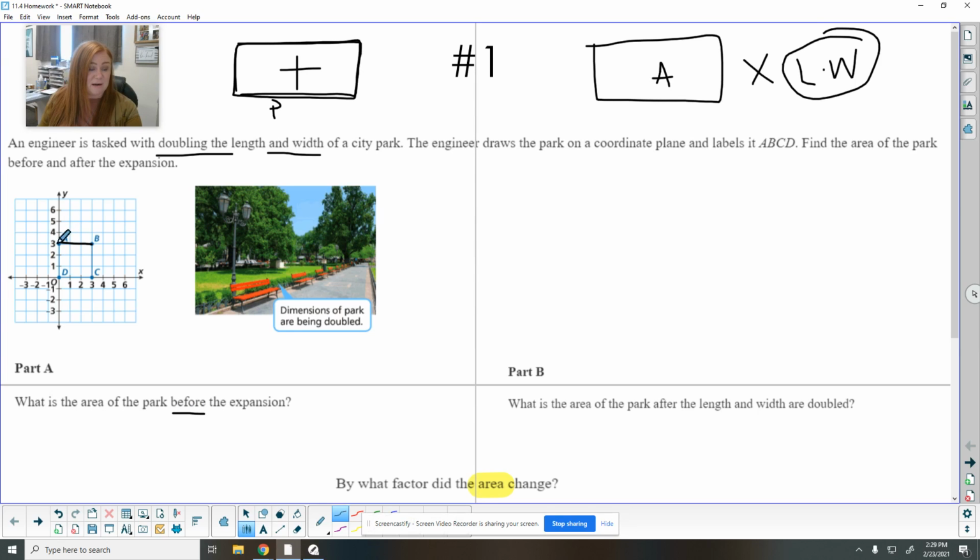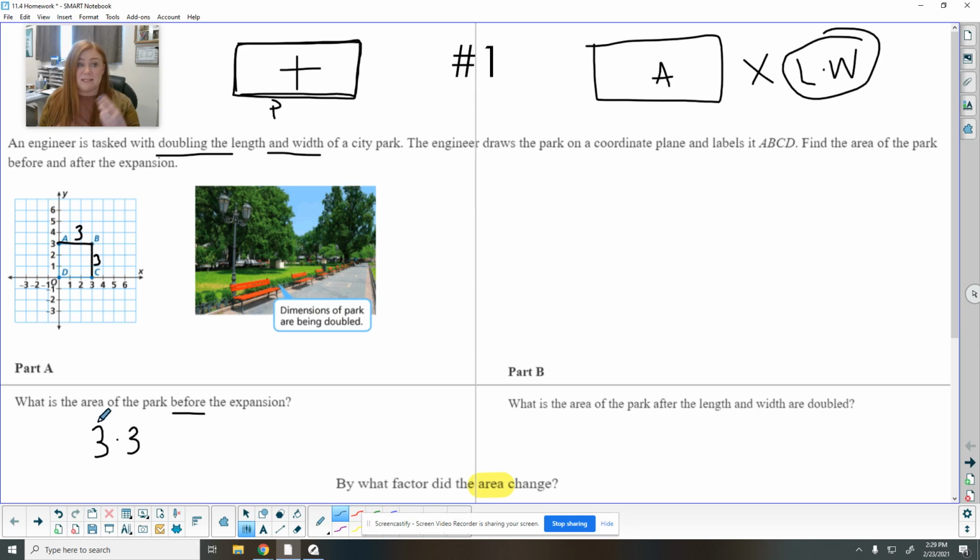This starts at 0 and goes over 1, 2, 3 units. So here we have 3, and then this is 1, 2, 3. To find the area, we multiply length times width, which will tell us the area of the park before.